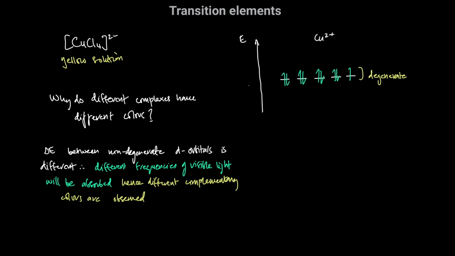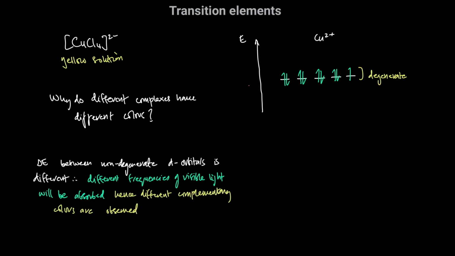Now in tetrahedral complexes, we know that copper 2 tetrachloride is a tetrahedral complex ion. In tetrahedral complexes, the splitting pattern is the opposite of what you had with octahedral. In octahedral, the orbitals along the axes were repelled to a higher energy, and the orbitals between were at a lower energy. In the case of tetrahedral, it's the opposite.